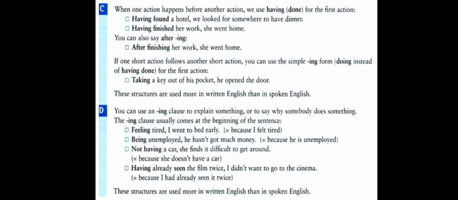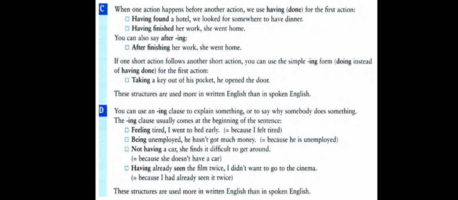After he had taken a key out of his pocket, he opened the door. It can be having taken a key out of his pocket, he opened the door. But because the first action is short, taking the key out of the pocket doesn't take seconds. So that's why we can use verb plus ing only.